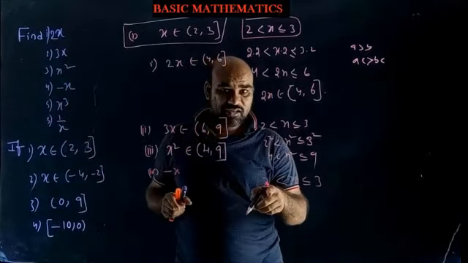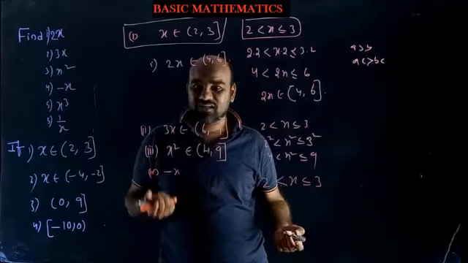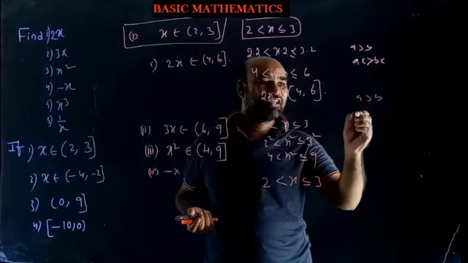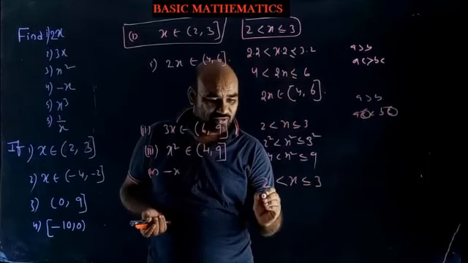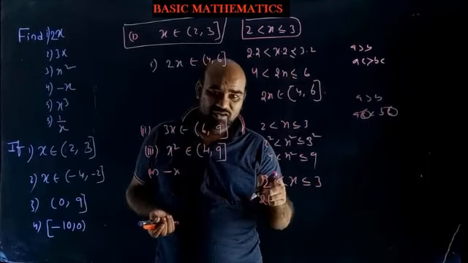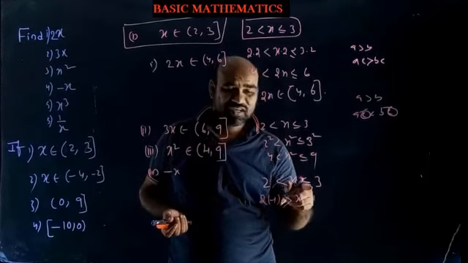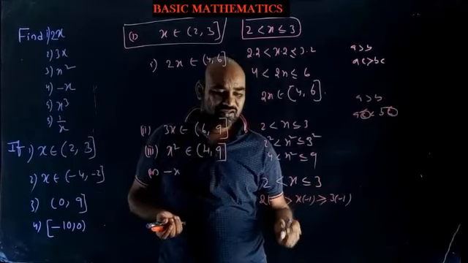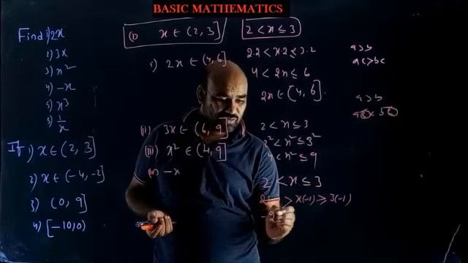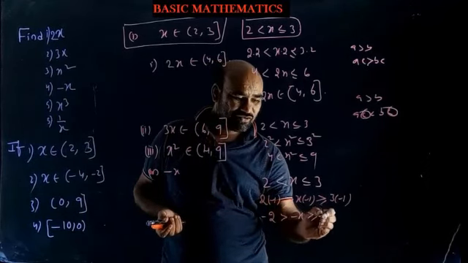I multiply all sides of the inequality by minus 1. Automatically the inequality will alter. If A is greater than B, then AC is less than BC if C is negative. That's why 2 into minus 1 becomes greater, x into minus 1 becomes greater than or equal to 3 into minus 1. So I can write minus 2 > minus x ≥ minus 3.